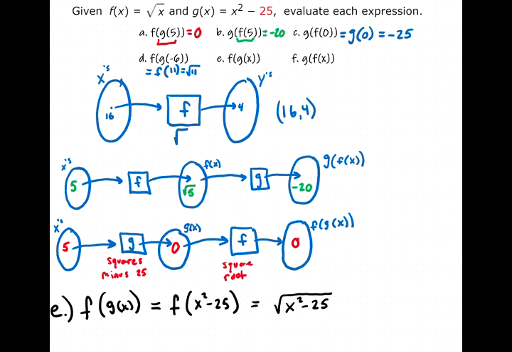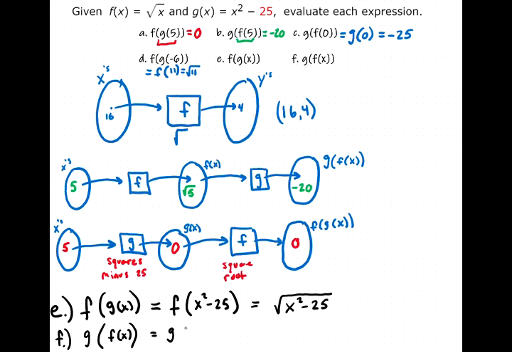And if we did that in the reverse order for part F, that means the g function is on the outside and the f function is on the inside. So we replace f of x with what f of x is defined as, the square root of x.